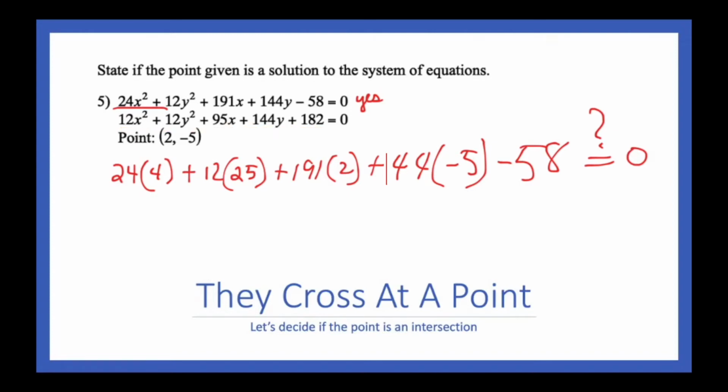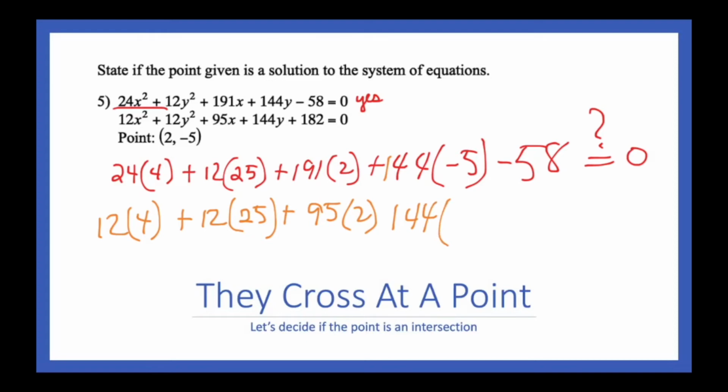So we're going to plug it in for there. We're going to plug the 2 in for all the x's and a -5 in for all the y's. 12 times x squared, that's 2 times 2, would make 4, plus 12 times the y squared, which would be 25, plus 95 times the x, which is 2, 144 times the -5, and then positive, plus 182.